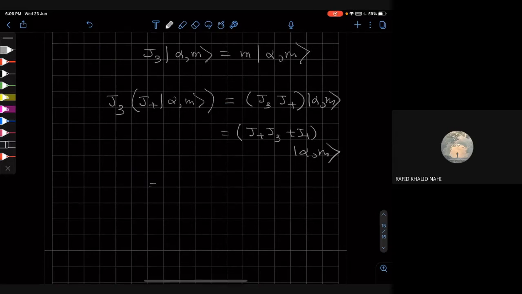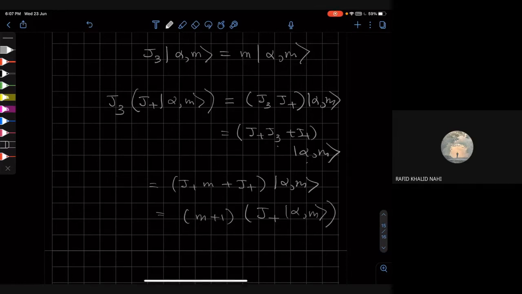And then J3 acting on this gives me M. So I get J plus M, and then we have J plus, and then alpha M. But then we can factor out M plus 1, and then we have J plus acting on alpha M. In other words, the effect of J plus on the state alpha M increases its M eigenvalue by 1.